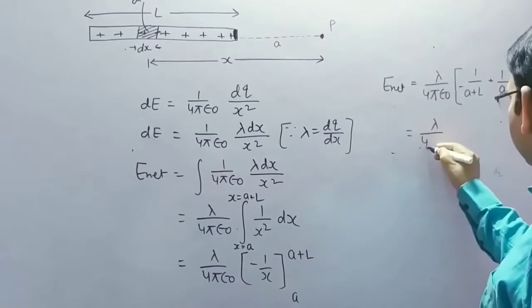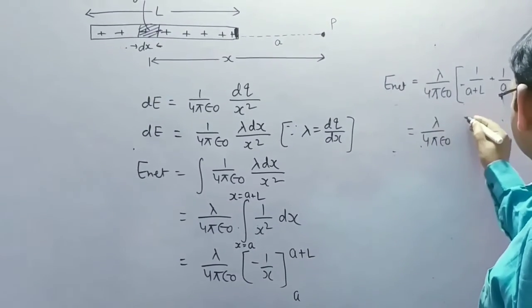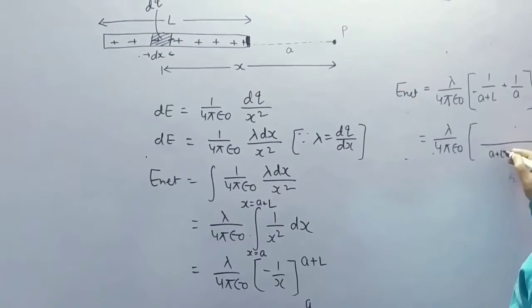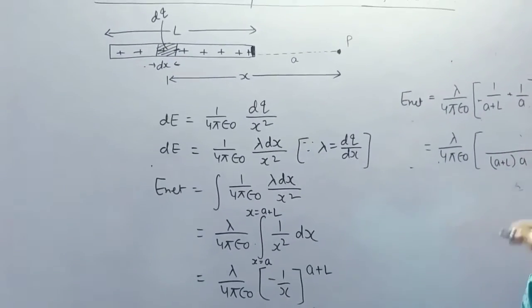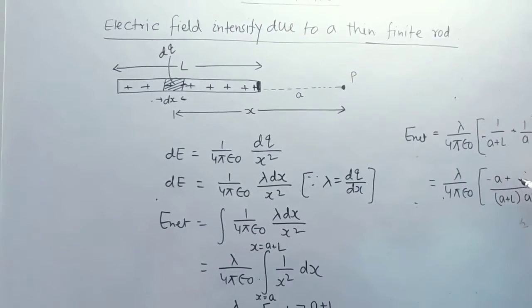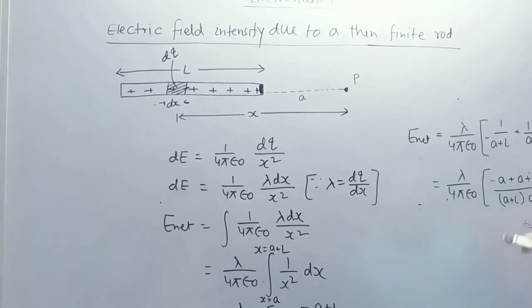So lambda by 4 pi epsilon, solving this, A plus L into A. So we have minus A plus L, and A cancels out.